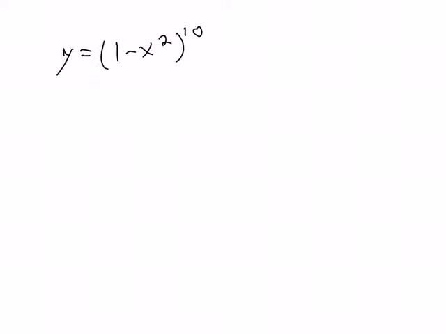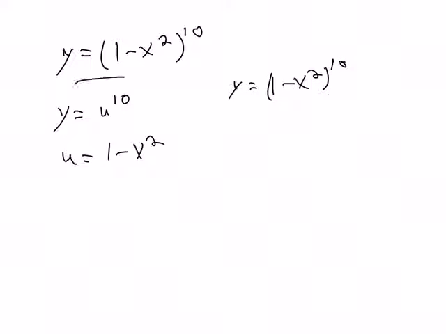So it's just good to get it over with. So now let's take y is equal to u to the 10th, and u is equal to 1 minus x squared. If we plug this in, y is u to the 10th, where u is this, so we have 1 minus x squared to the 10th, which satisfies that.